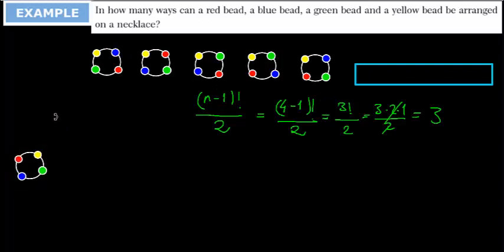I couldn't find the same one here, but when I rotate this one like this, as you see, the first one is also the same as the fifth one. So here the three of them have the same look from the other side. That's why we are dividing by 2, and the answer is going to be 3 factorial.